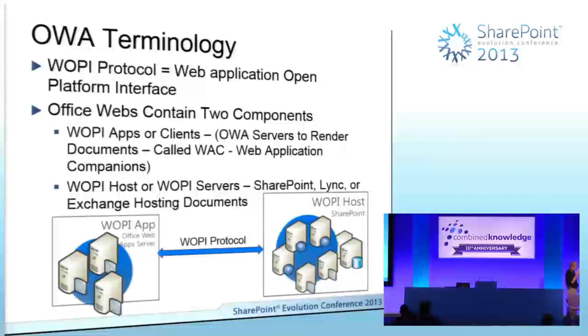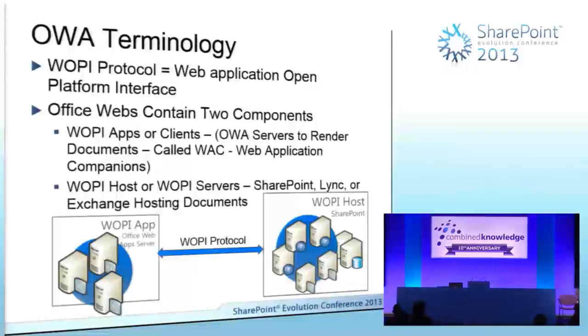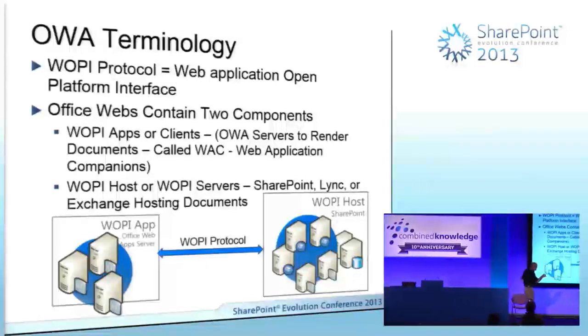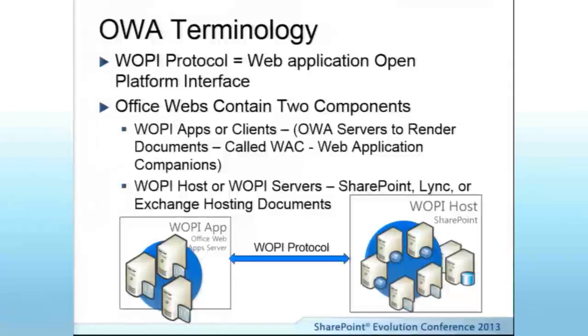So let's take a look at the diagram here. I don't know if you guys will see it or not. This WOPI protocol down here is the communication between our host and our apps. Now our Office Web App Server, our OWA farm, is one of our WOPI apps, or the client. This kind of sounds weird, doesn't it? You would think that would be the server, but it's not. The app or the client is where the OWA is installed.